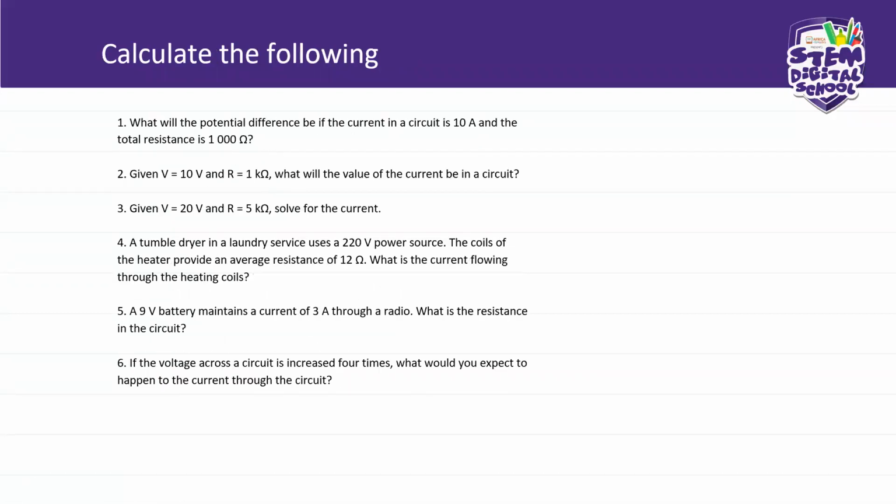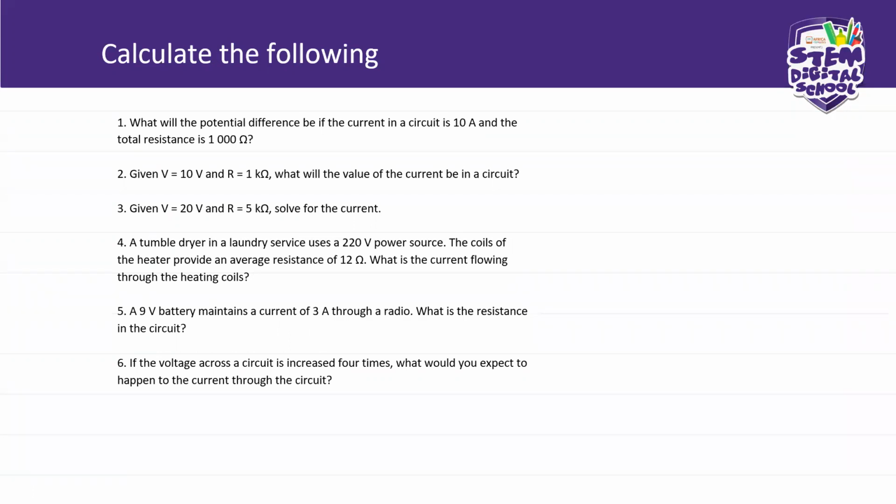What will the potential difference be if the current in a circuit is 10 amps and the total resistance is 1,000 ohms? So what is it that you are calculating here? Are we calculating current, voltage, or resistance? We are calculating voltage.